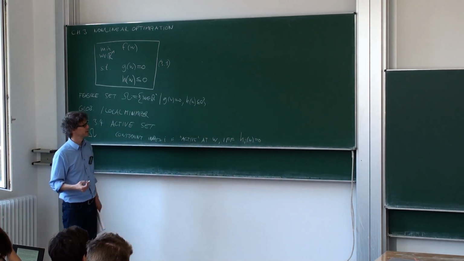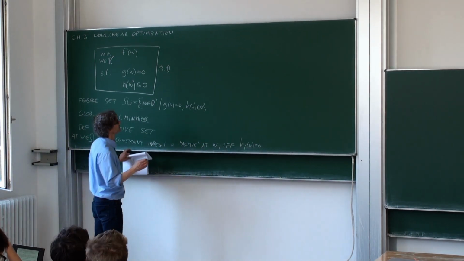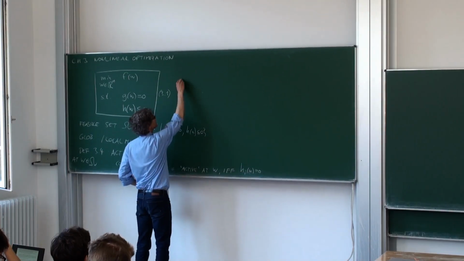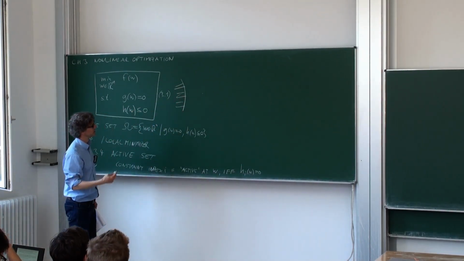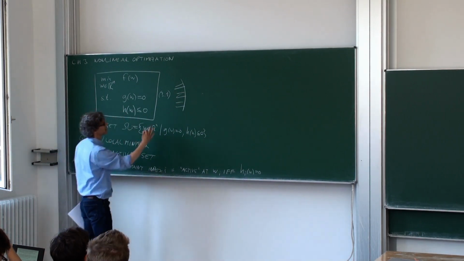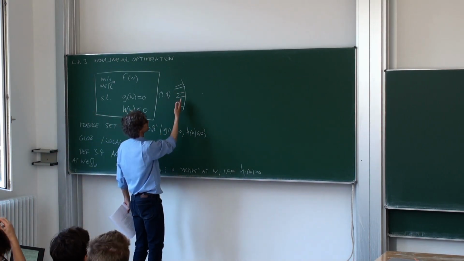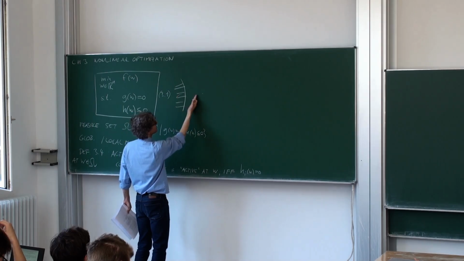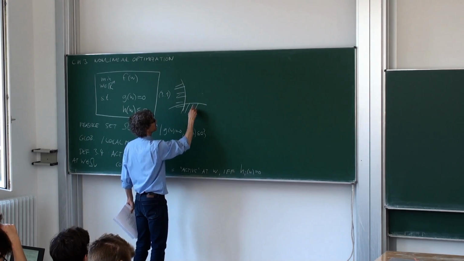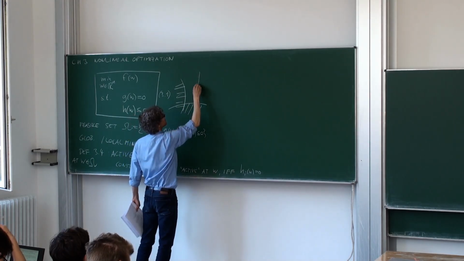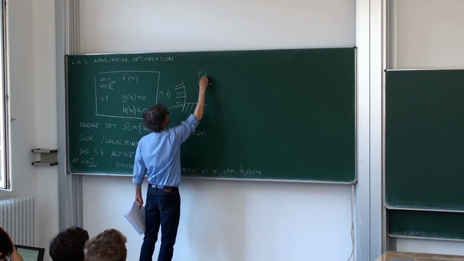It's clear and it's easy, and I think it's useful to think of visualizations. You can always think of inequalities as things that cut out some part of the whole space. Here are the positive values, here are the negative values of the function h. You could have another one that cuts out another part, and so this could be the space R^n.